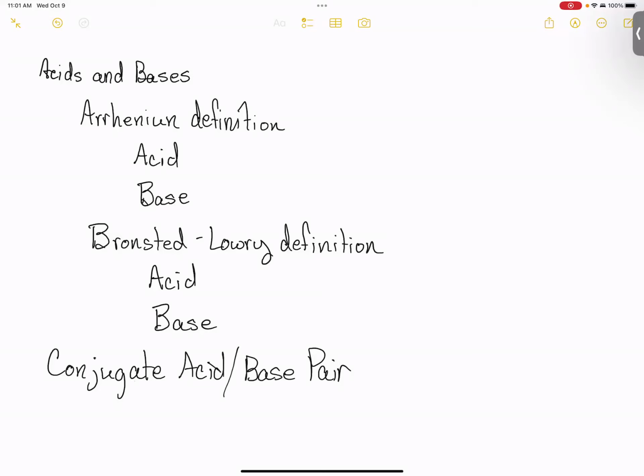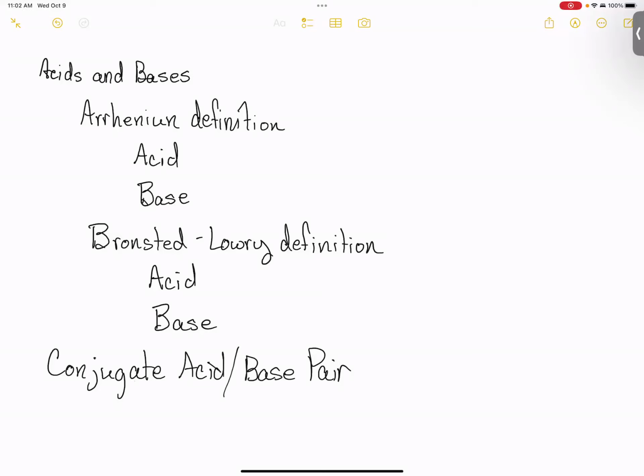After we've identified conjugate acid-base pairs, we're going to start talking about acid strength, and how to determine which in a pair is the stronger acid given a couple of pairs.